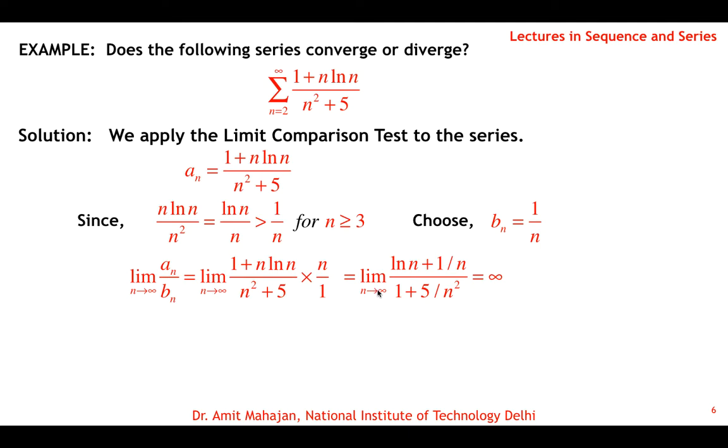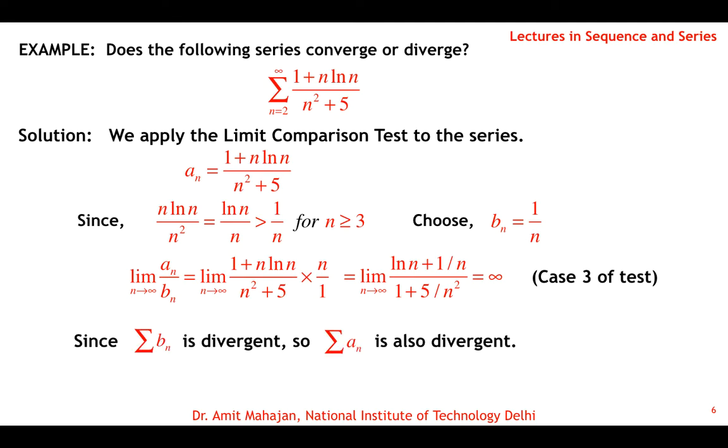When n goes large, 1 by n and 5 by n square are 0, but log n becomes infinite, so it gives us the value infinity. So the limit of the ratio is infinite, which is case 3 of the limit comparison test, which says that if the series bn diverges, then an also diverges, and we know that bn is a divergent harmonic series. So an is also a divergent series.